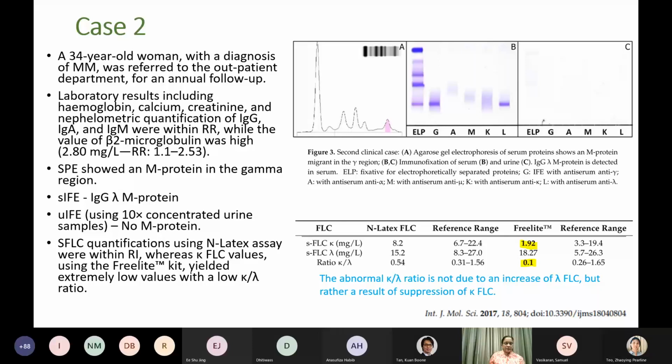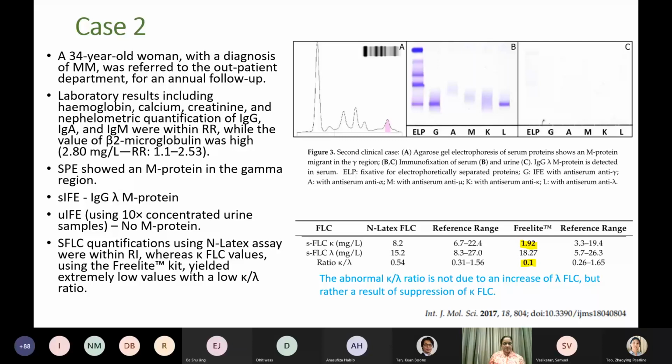Results including hemoglobin, calcium, creatinine, and nephelometric quantification of total immunoglobulin were all within normal range. Beta-2 microglobulin level was slightly high. And electrophoresis showed an IgG lambda band in the gamma region, and there was no monoclonal protein in urine.